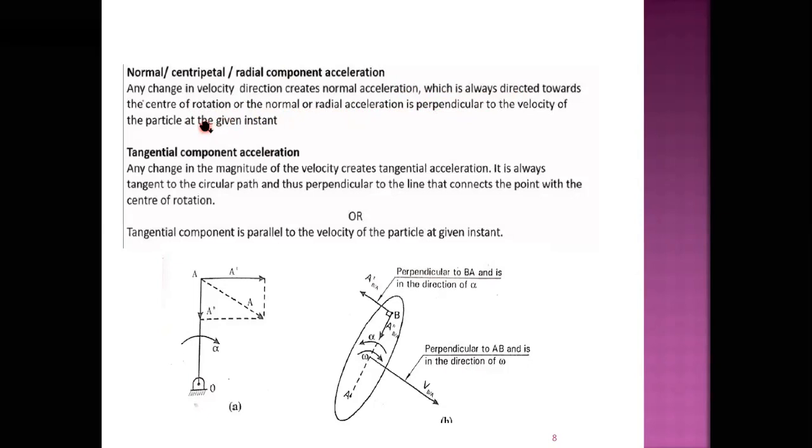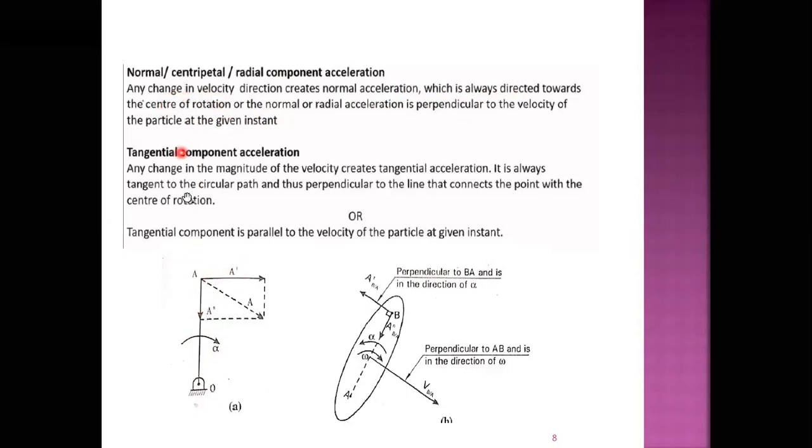Take an example: this is a link fixed at point O, and now it is moving. We are going to find the acceleration of point A, and we divide this acceleration into two: one tangential and one normal. What is normal acceleration?